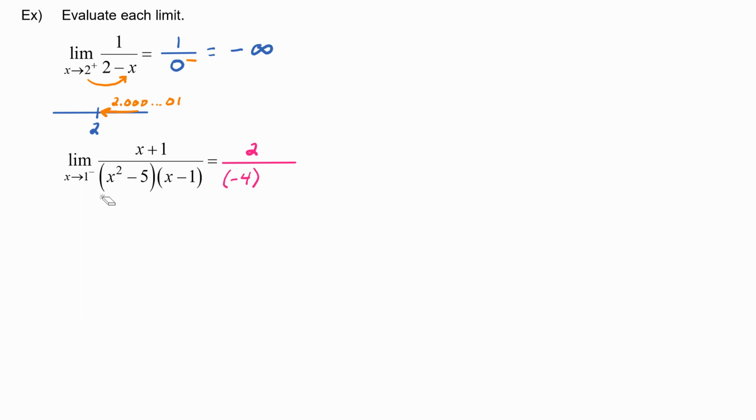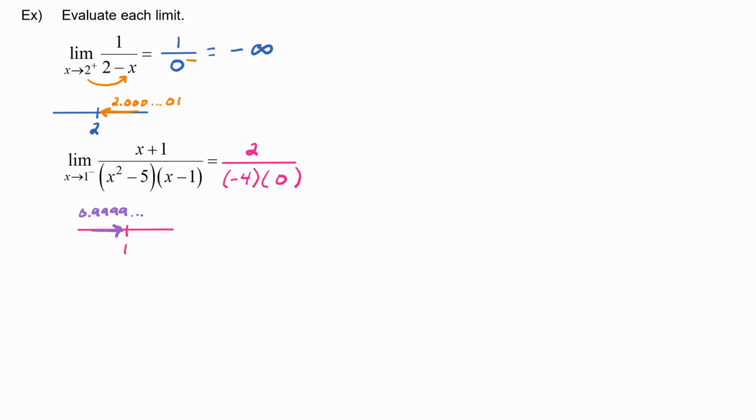Whereas when we take the 1 coming in from the left and plug it in here, we are going to get 0. And this is where we need to decide whether we have 0 plus or 0 minus. So we make the number line, we put 1, and if we are approaching 1 from the left, what we are going to think is 0.9999999, as many nines as you can handle.